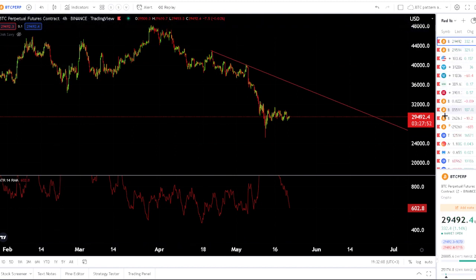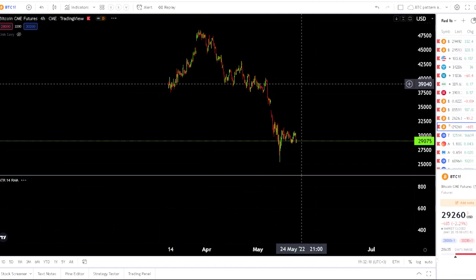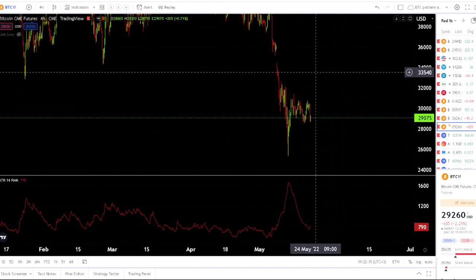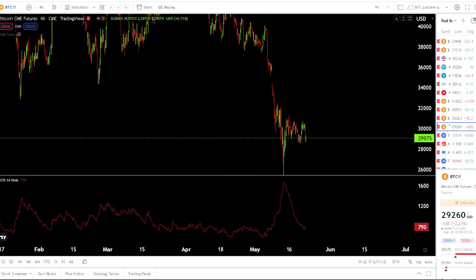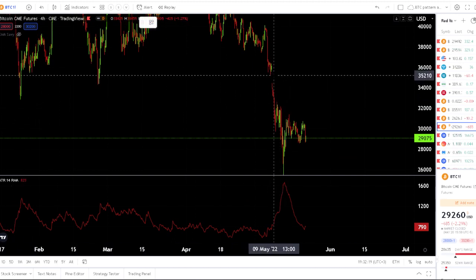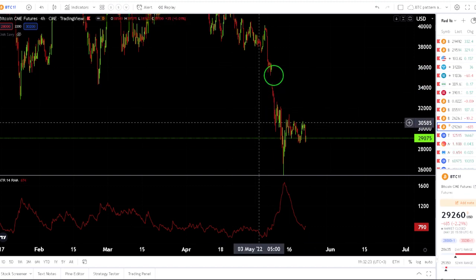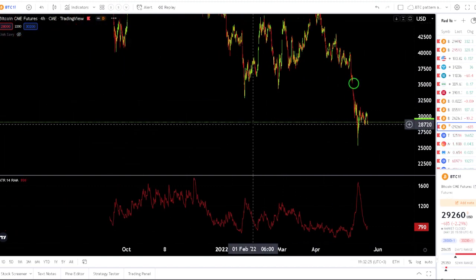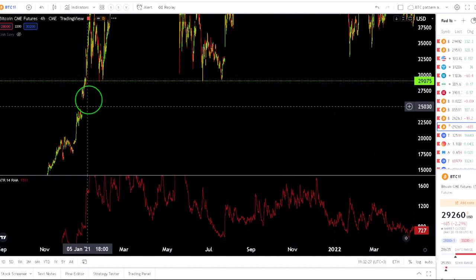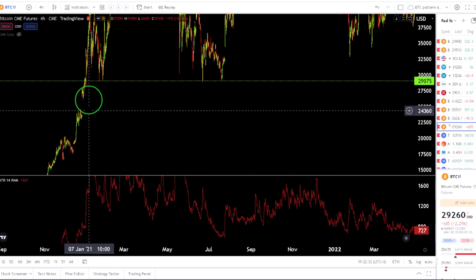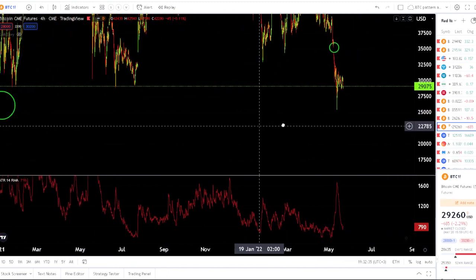If I go to the Bitcoin CME chart, that's why I think that even if we go up, it might be just to fill the gap. If we even get there, 34, 35k, you can see there's a gap here. But we also have another gap down here at around 26 to 25k, which we already wicked down.